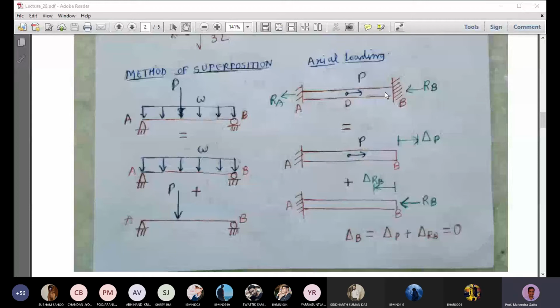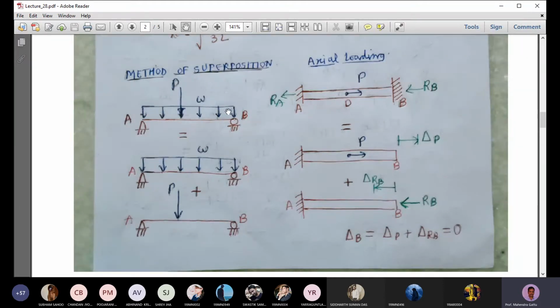So let's discuss the method of superposition. Suppose we have this simply supported beam. It is subjected to a distributed load and also a point load P. If the beam is treated as elastic, that means it is not undergoing any plastic deformation, then we can split this problem into two parts.